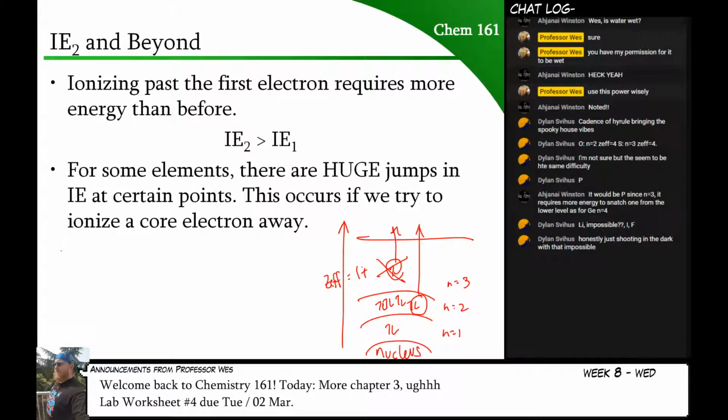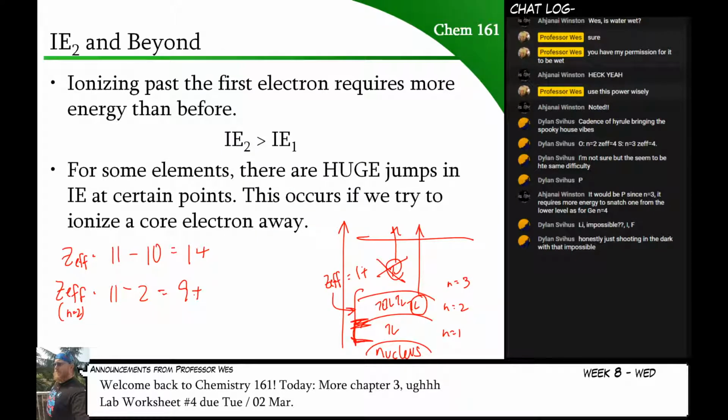So their Z effective for the top layer would be 11 minus these 10 shielding electrons. But if I'm looking at the Z effective in the n=2 layer for sodium, I still have 11 protons, but now only these are my shielding electrons. So the Z effective for this layer down here would be way higher.